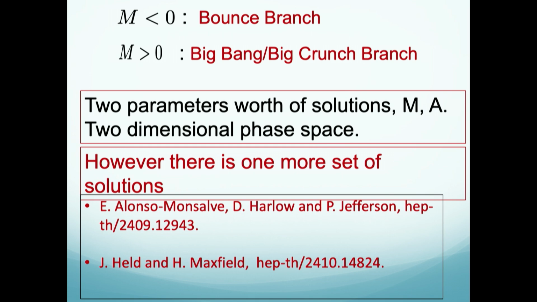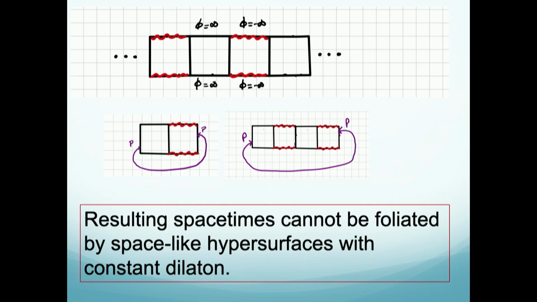Okay, now what was pointed out in these recent papers very nicely was that there are in fact additional solutions. So let me quickly describe them. My analysis here will not apply to those branches. So think of the extended Penrose diagram in deSitter space that contains an infinite set of alternating regions of the type I described, these cosmological regions and then black hole, white hole regions and so on, an infinite number of them.